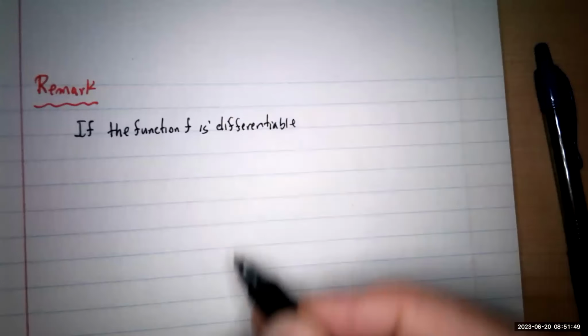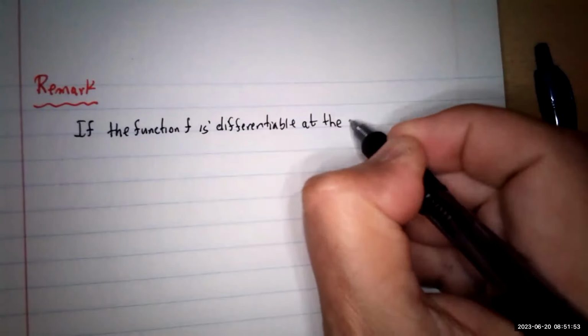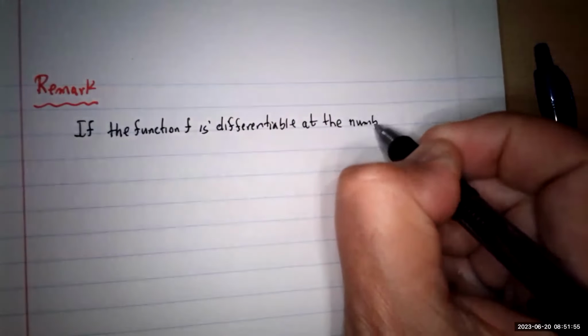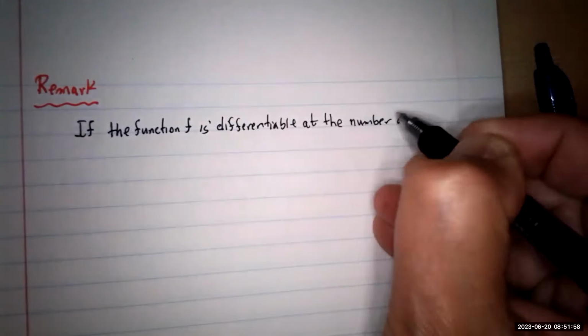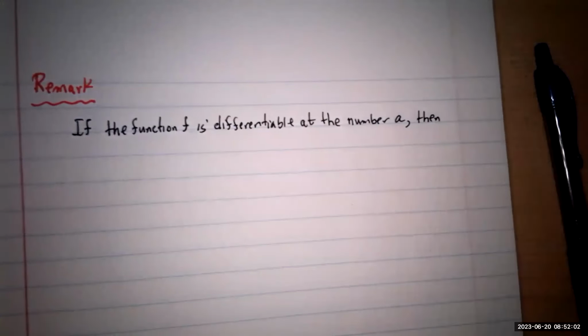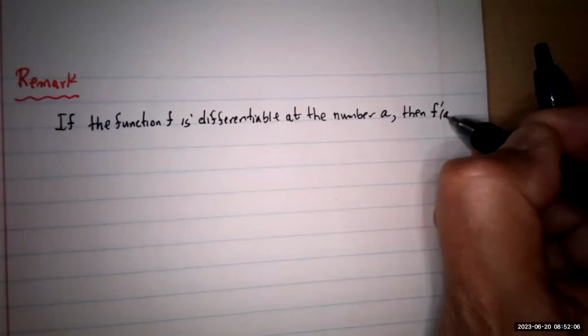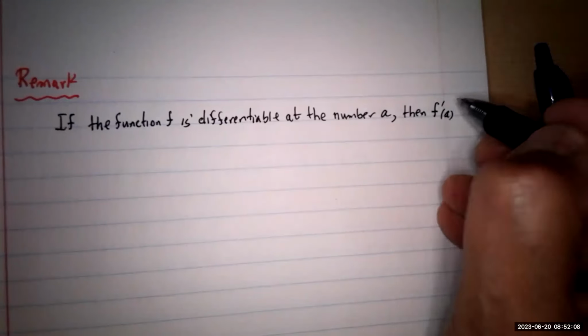Let's say differentiable at the number a, then that f prime of a that we created, the derivative of the function, now it's going to be the slope.